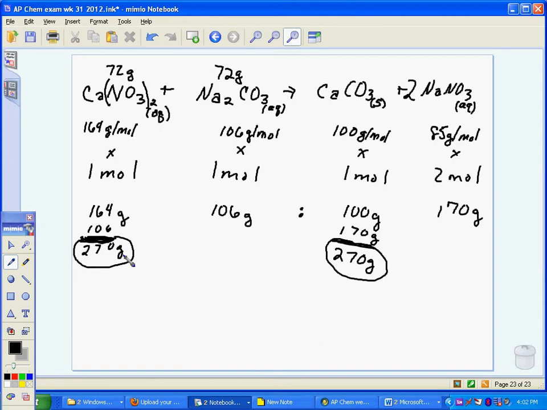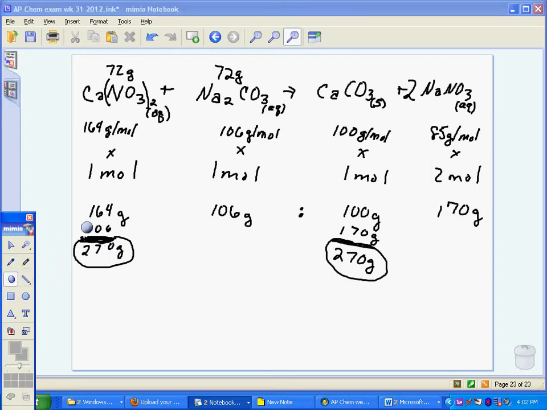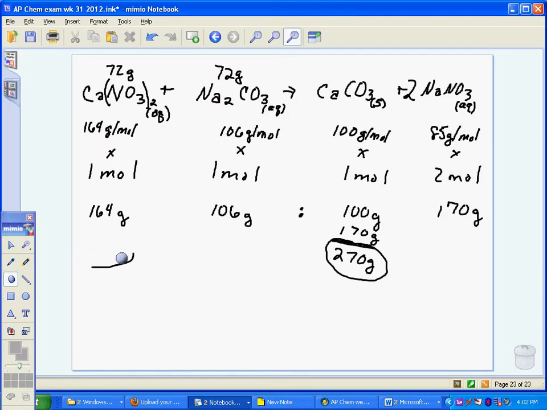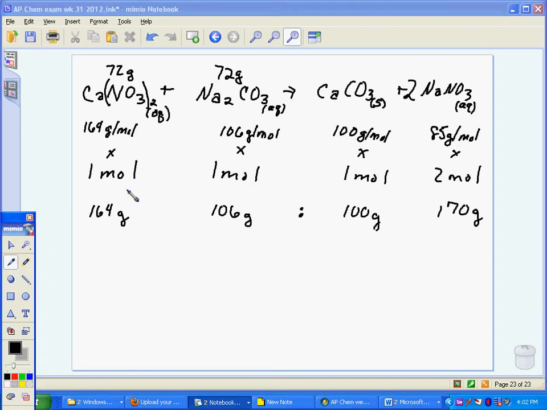Now, we didn't start with 270 grams of this, did we? Well, excuse me, we did not start out with 164 grams of this. I'm going to go ahead and erase some stuff just so I do not get everybody too confused. Our problem said that we started out with 72 grams of this and 72 grams of that.